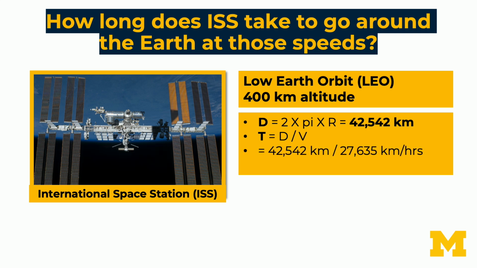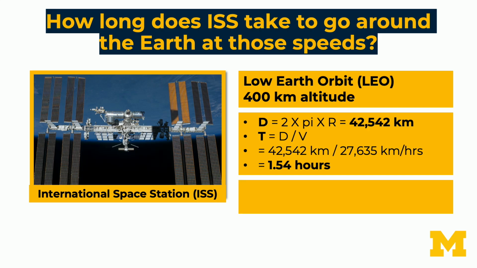And so the distance is 42,542 kilometers. The speed is 27,635 kilometers per hour. And then when you solve that, you get 1.54 hours. So it's about 90 minutes. And that means that it has about 15 orbits per day, or they see 15 sunrises and 15 sunsets every single day.